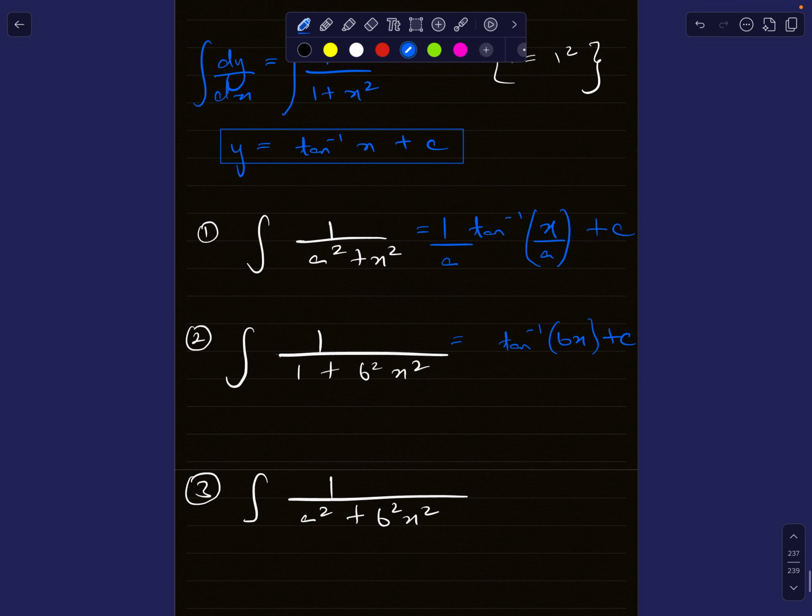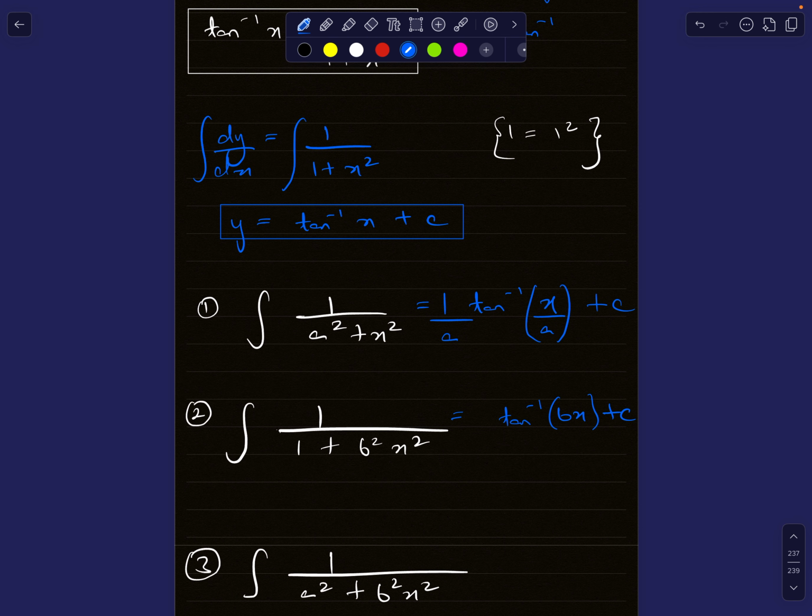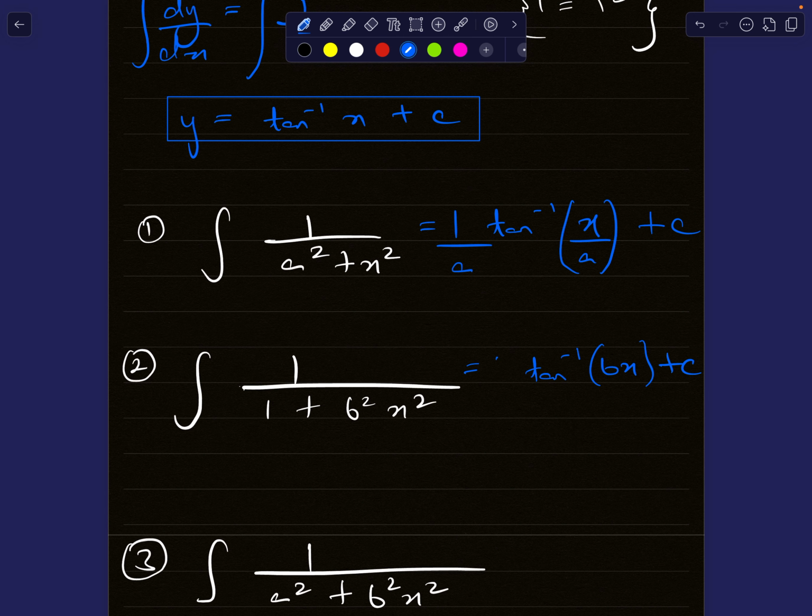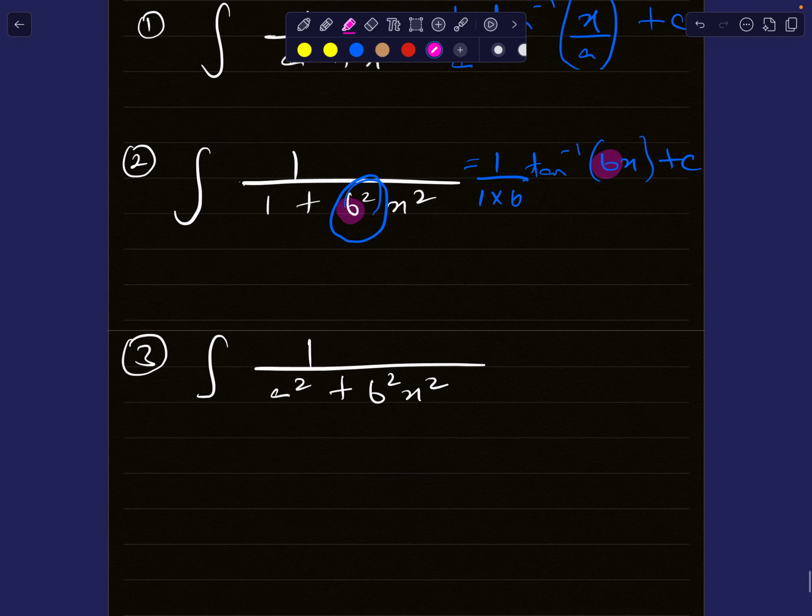But there's one more thing too. This is not just 1 over 1, but this would also get multiplied with what's next to x. In this case, it's b. We must not ignore this b. This is a very common mistake, and I don't want you guys to make this.